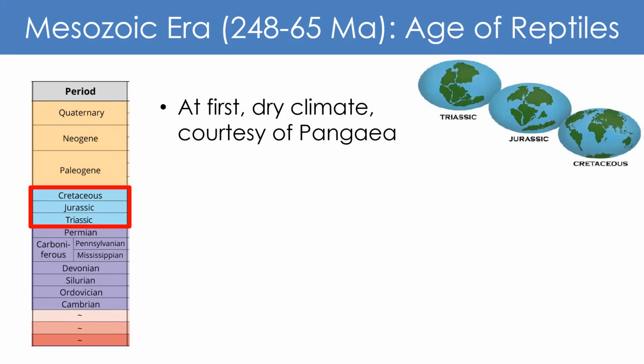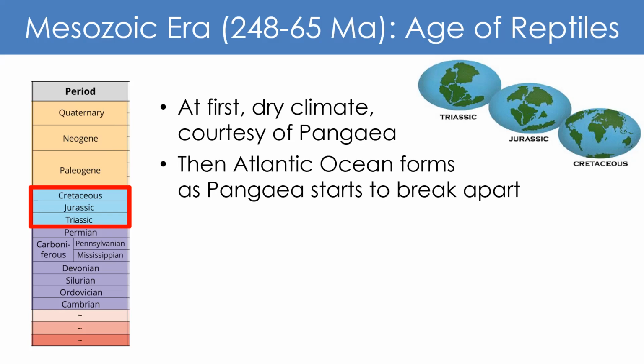Because it was so much more hot and dry, reptiles were able to really adapt very well to that. They're cold-blooded animals, so they can adapt to that kind of environment. So we're starting to get the breakup of Pangaea.